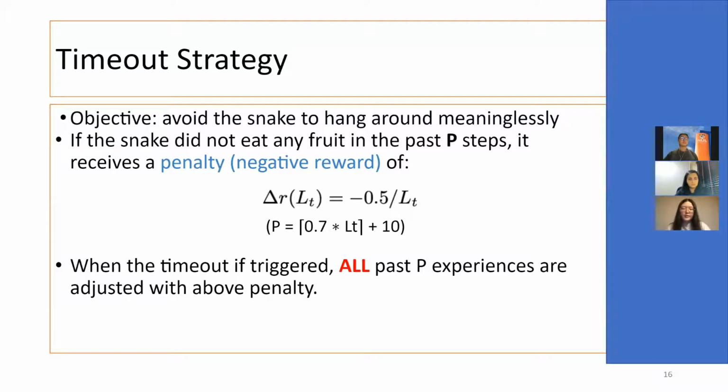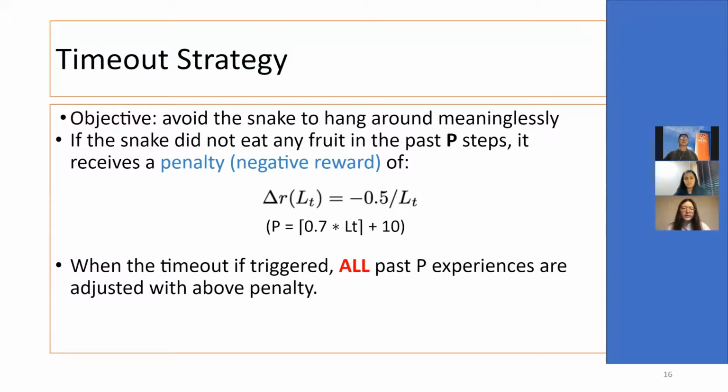The value of P grows as the length of the snake grows, which means that more tolerance is given, similar to the previous mechanism. When the timeout is triggered, all the past P experiences are adjusted, which means that all the experiences will receive a negative reward.